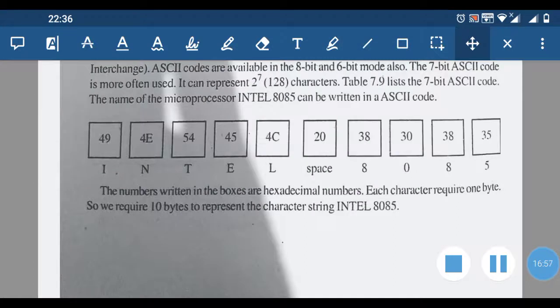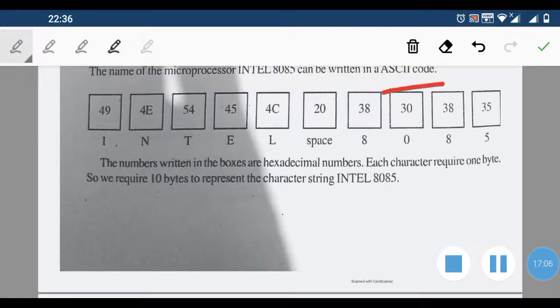As an example, Intel 8085, the name of a microprocessor, is written here using ASCII code. For I, the hexadecimal code is 49. For N we have 4E. For T we have 54. For E we have 45. For L we have 4C.